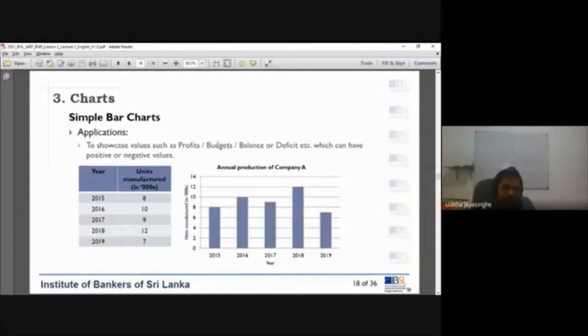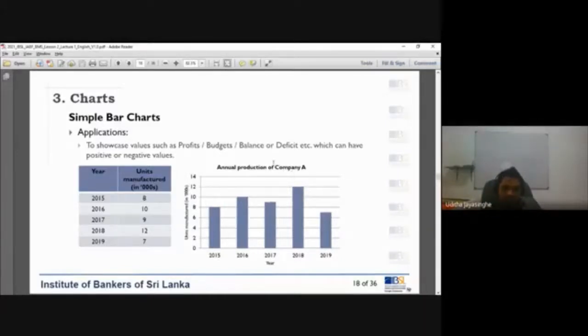Profits, budgets, balance or deficit kind of values are very easy to showcase when you're using a bar chart. Sometimes people want to see the trend. Let's say this is units manufactured. You could see from 2015 to 2018, although there are ups and downs, this seems to be moving in an upward trend.